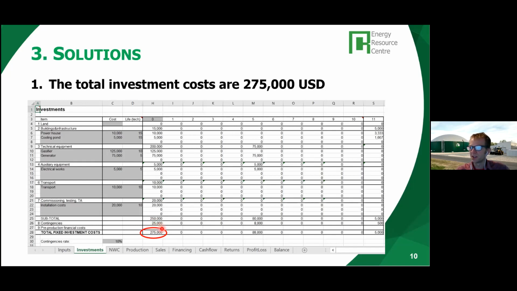That means that the total fixed investment costs are $275,000. So that is the answer to question 1.